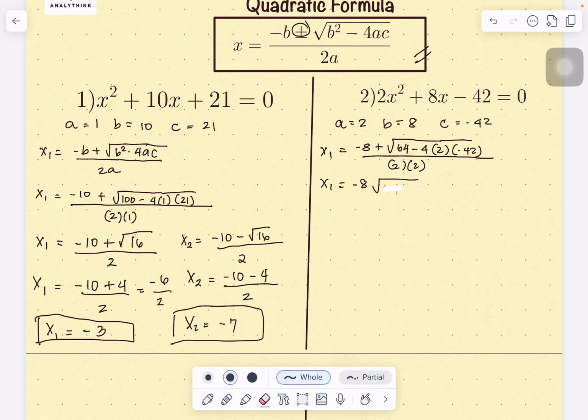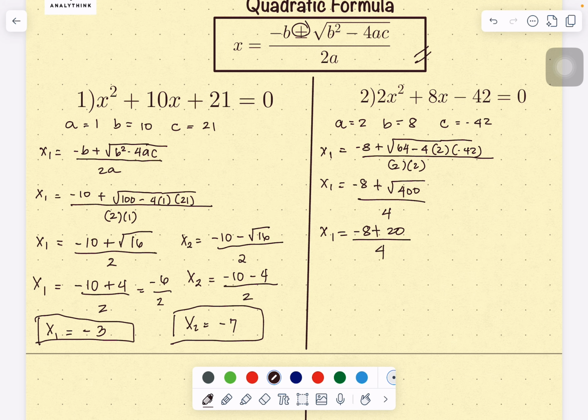Your b squared minus 4ac is 400. Negative 8 plus the square root of 400 over 4. Now, the square root of 400 is 20. So that is negative 8 plus 20 over 4. So x sub 1 is 12 over 4, or x sub 1 is 3.